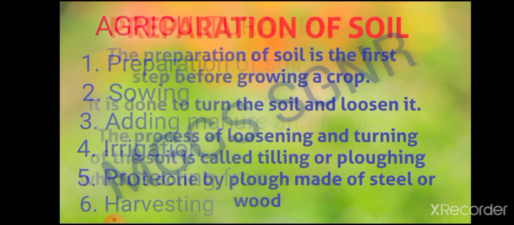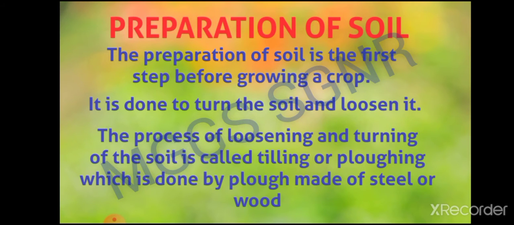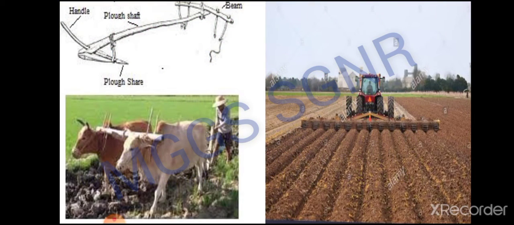So, come to the point: preparation of soil. The preparation of soil is the first step before growing a crop. It is done to turn the soil and loosen it. The process of loosening and turning of the soil is called tilling or ploughing, which is done by the plough made of steel or wood, like this.